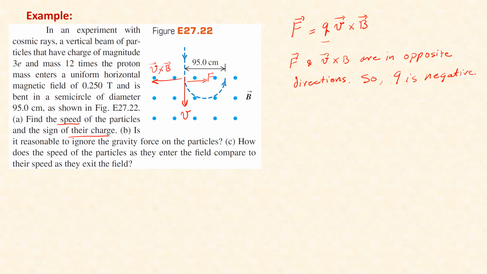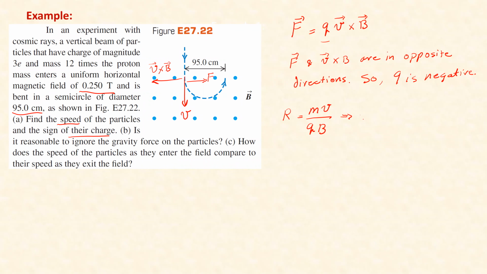Right? Very simple math, right? And then what is the speed? Again, we have that formula for the radius, so we can use it. R is equal to mv over qB. And we know the magnetic field and we know the radius.